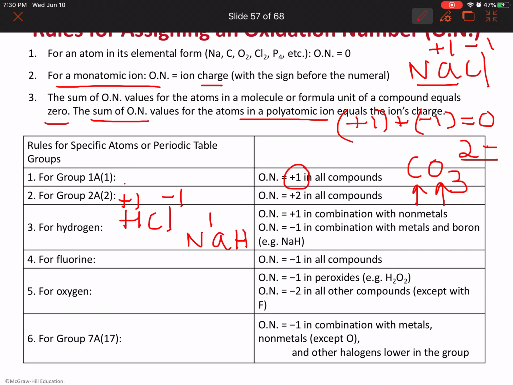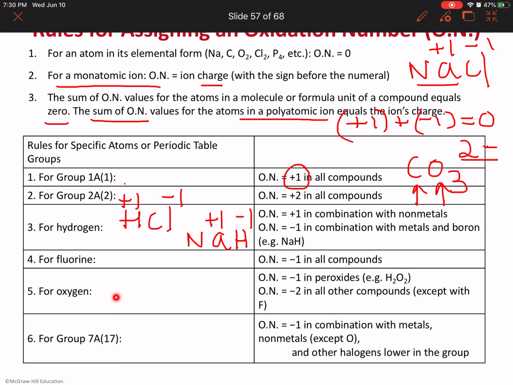So if sodium is +1, then hydrogen has to be -1, because altogether the charges need to be balanced and neutral. So hydrogen with non-metals would be +1, with metals it's going to be -1. And fluorine is going to be -1 in all compounds.